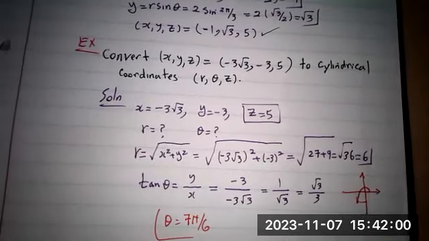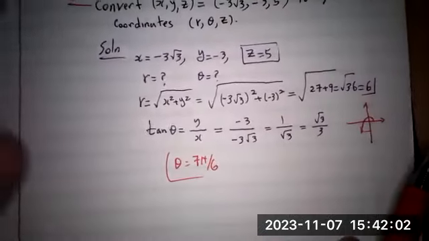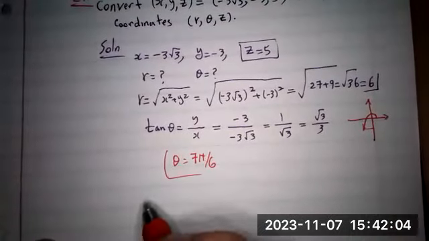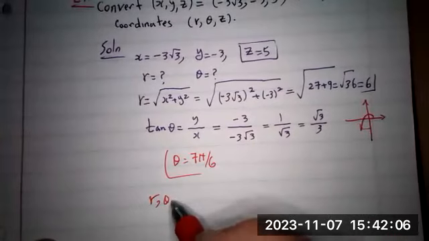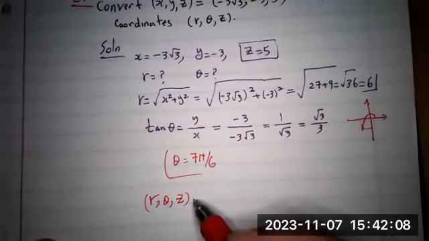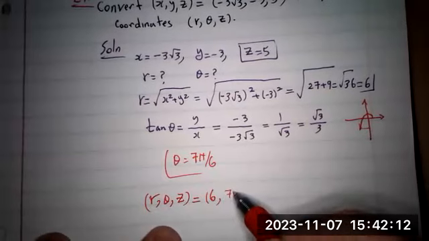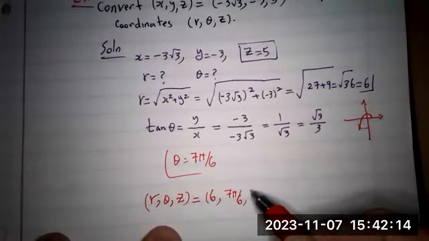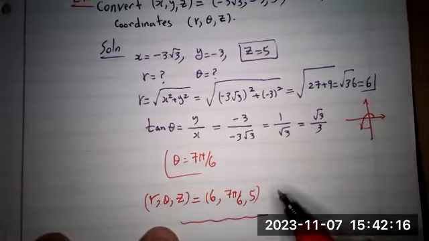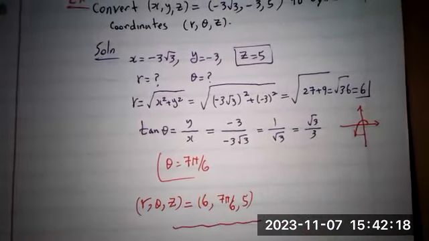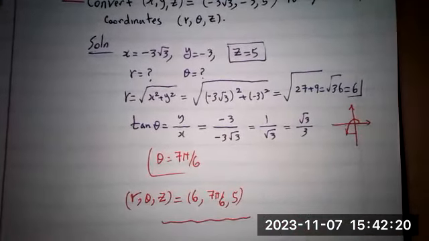So the representation of the point in cylindrical coordinates, r, theta, and z: your r is equal to 6, your theta is 7π/6, and your z is fixed, 5. And then you're done. Any question?